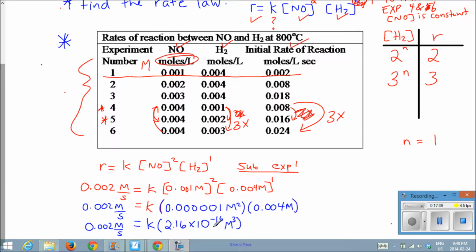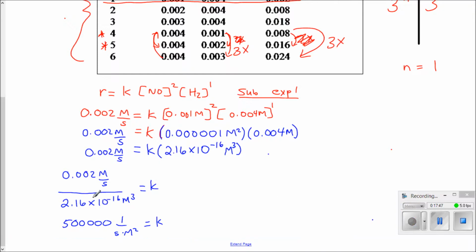And then we're just going to finish off our algebra and solve for k here. Okay, so I've actually found my k value. It's right here. Take a look at my units there. They're kind of messed up, 1 over seconds per meter squared. Let me show you where we get that from. Look at the units here. We have meters per second divided by meter cubed.